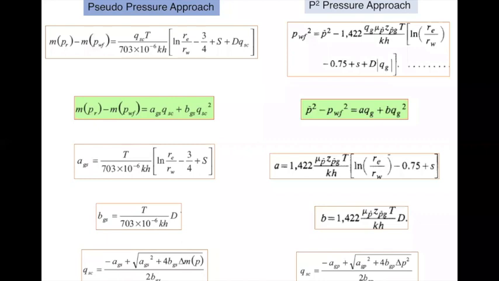In the pseudo pressure approach and the P square approach, we have seen that the equation is modified into the quadratic form, where the A term represents the transient term, or the pseudo steady state condition. If our radius of investigation is greater than or nearly equal to RE, then we reach the pseudo steady state condition. In that case, this A term will not contain the time term. Now, if the radius of investigation is less than RE, then this A term will also contain the time term.